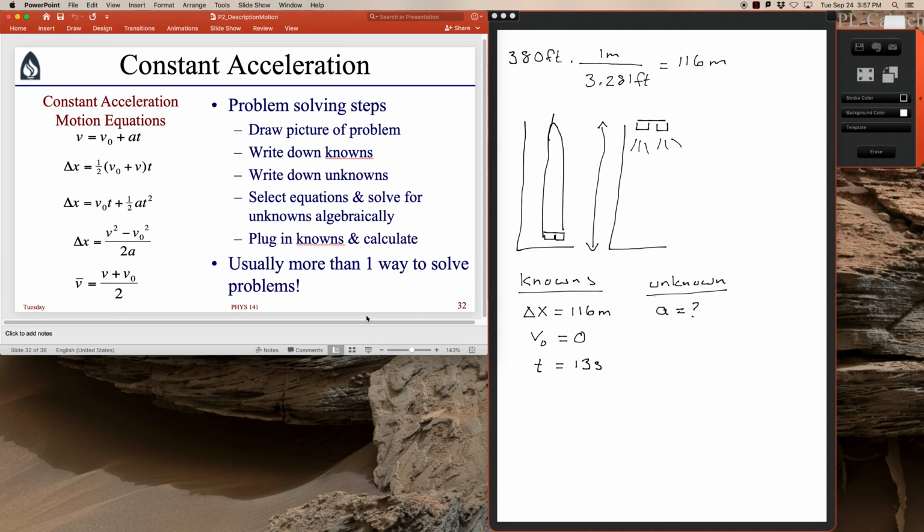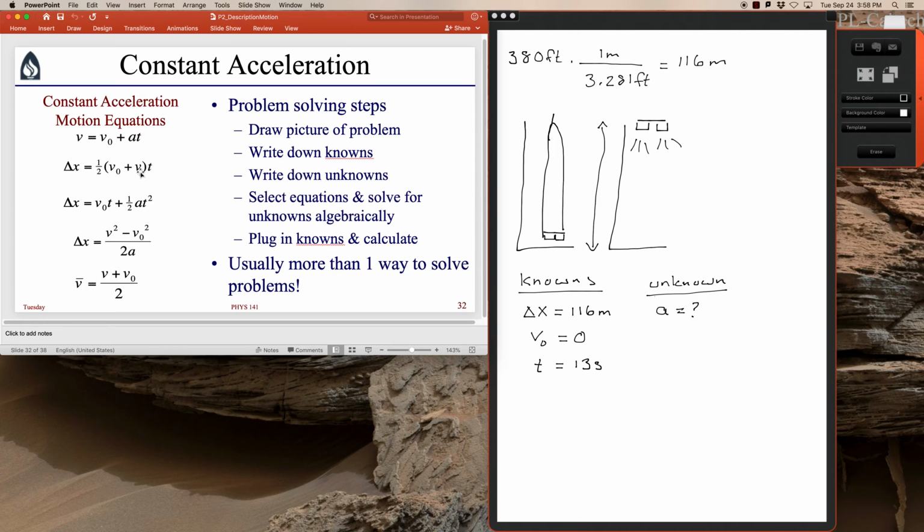But maybe we don't want to use one that has a final velocity because we don't know what the final velocity is. We probably could find it, but we don't have it yet. And it's not one of the unknowns we're solving for at the moment either. So this first equation, we probably wouldn't use that one because it has final velocity and we don't know that, and we want to know acceleration. Let's see, this equation doesn't have acceleration in it at all, so that's not terribly helpful.